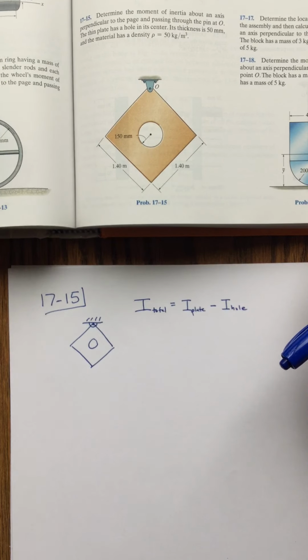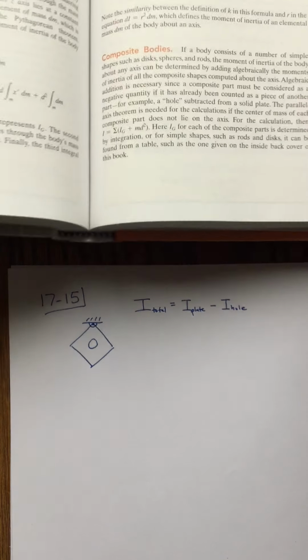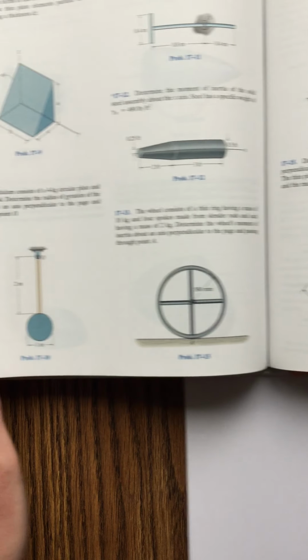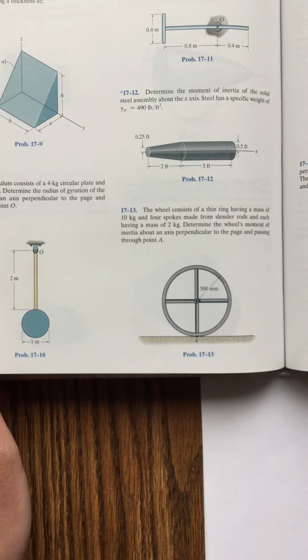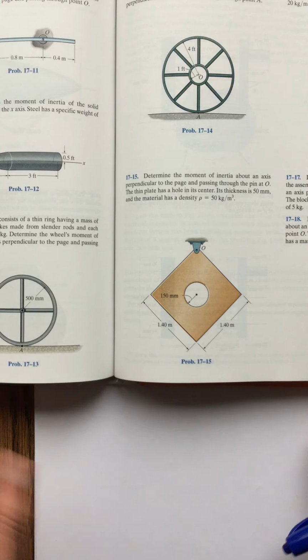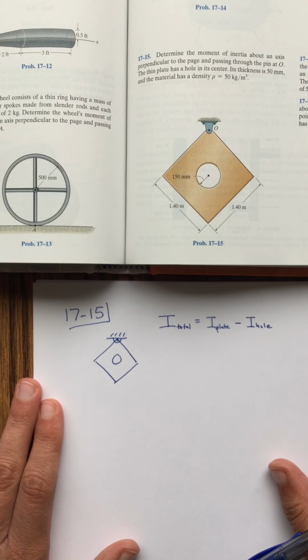So they told us this back here. If you have different parts to your object like we had for the pendulum here, you can add the moment of inertia for the rod and the moment of inertia for the disc. But if you're missing a piece, then you can subtract the moment of inertia for the missing part to get the total moment of inertia.